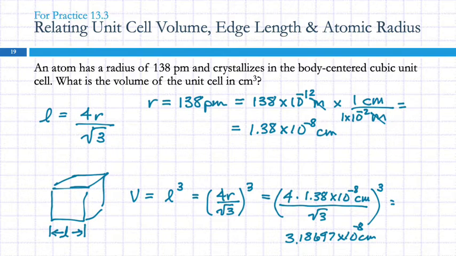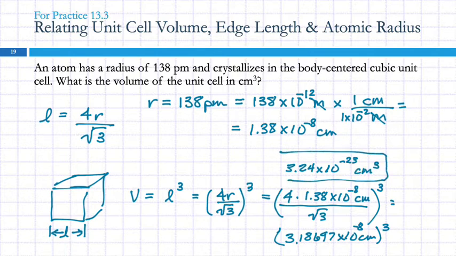And then I'm going to press that X to the box button and 3 and enter. And so it will be this amount cubed. So 3.24 times 10 to the minus 23rd cubic centimeters would be the volume. Any questions?